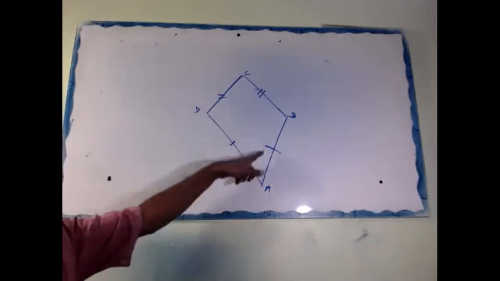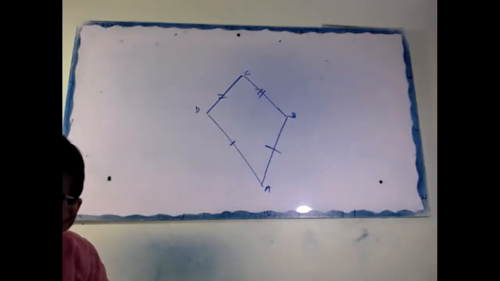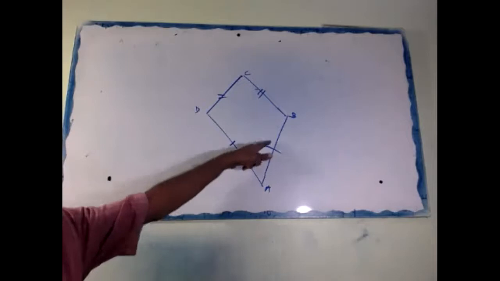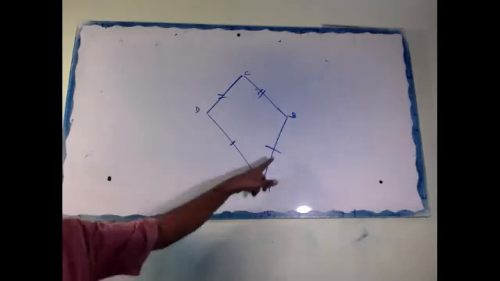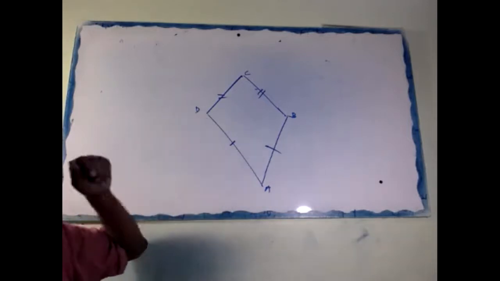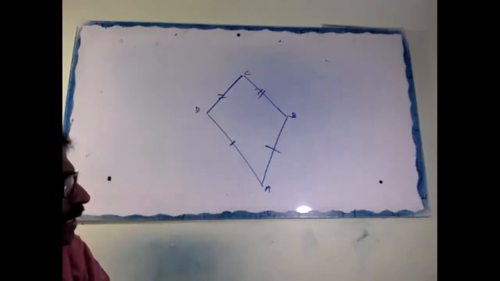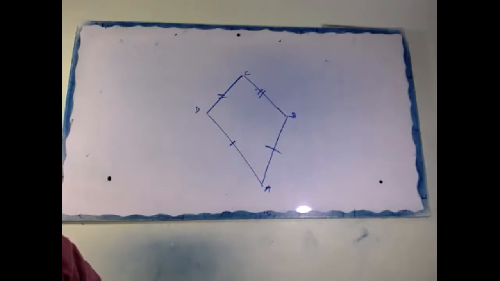ABCD is a kite. ABCD is a kite in which AB equal to AD, comma, BC equal to CD.